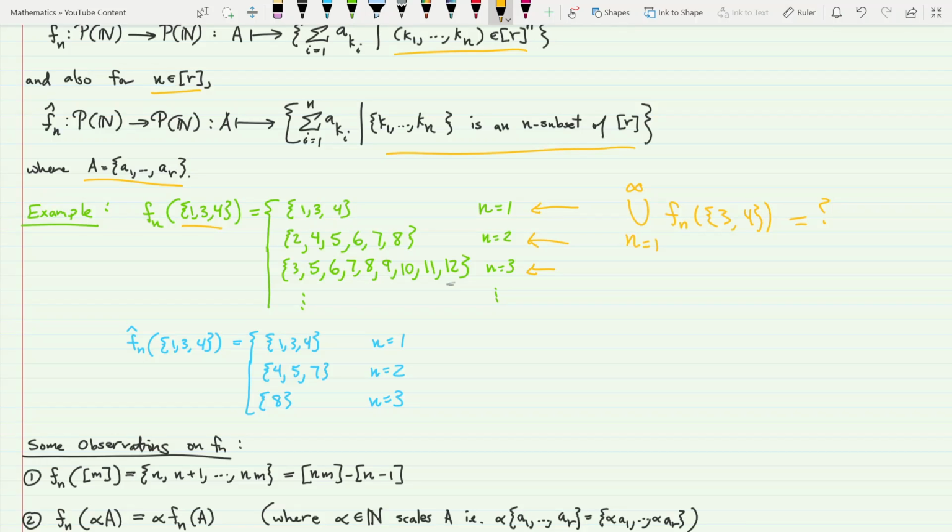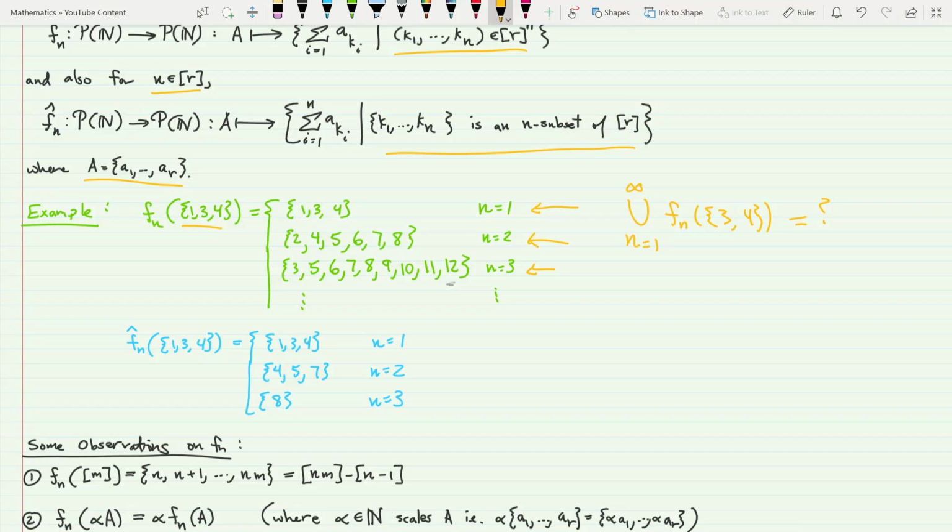So before 12 maybe you can't get everything, but starting from 12 onward, you're going to get every natural number.